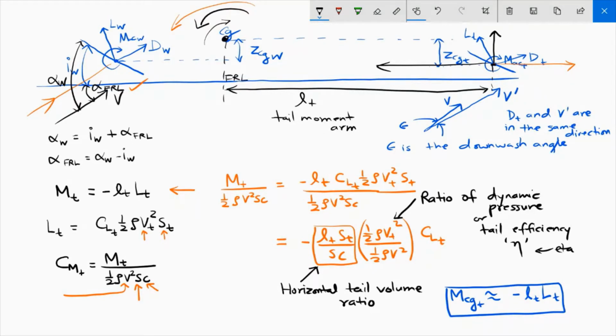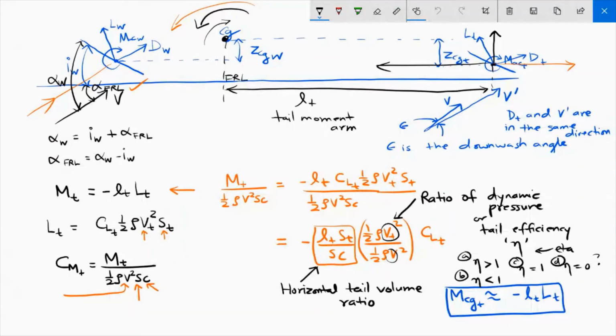So my question is, for the geometry that we have sketched, which of the following is true? Is eta going to be greater than 1, eta less than 1, eta equal to 1, eta equal to 0? What do you think?